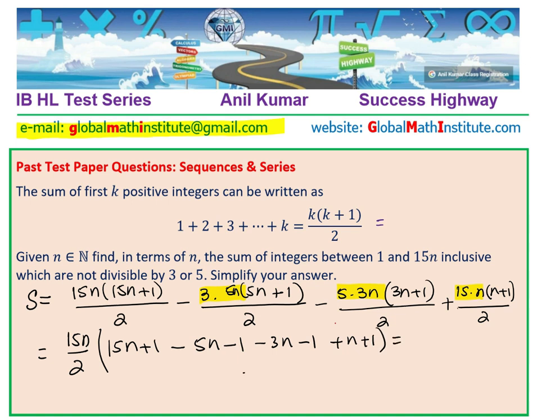So we get 15n by 2, and within brackets, 15n minus 5n is 10n, minus 3n is 7n, plus n is 8n. Plus 1 minus 1 is 0, minus 1 plus 1 is 0. So 15n by 2 times 8n, and we can divide 8 by 2 to get 4. So we get 15n times 4n, which is 60n squared. So our answer for this particular question is 60n squared.